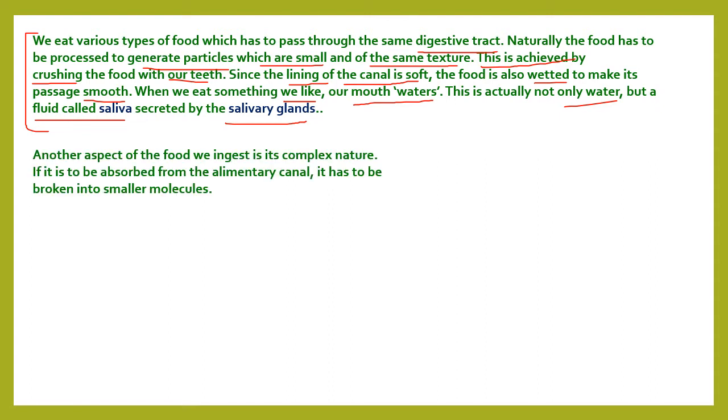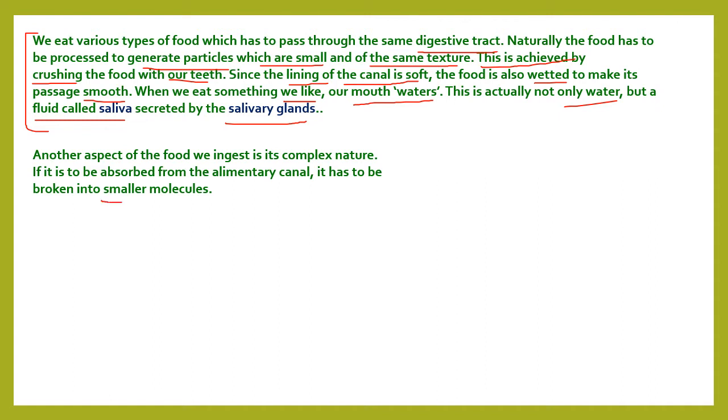Now another aspect of the food we ingest is its complex nature. If it is to be absorbed from alimentary canal, it has to be broken down into simpler molecules. It is necessary. Otherwise, how we will take it inside our body?